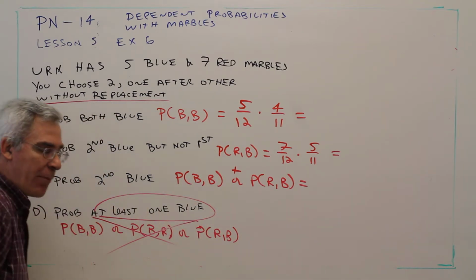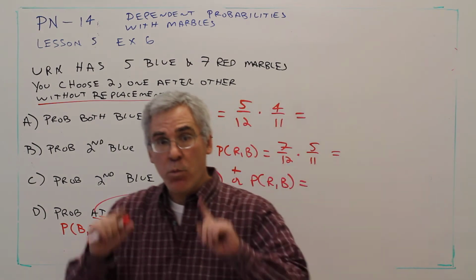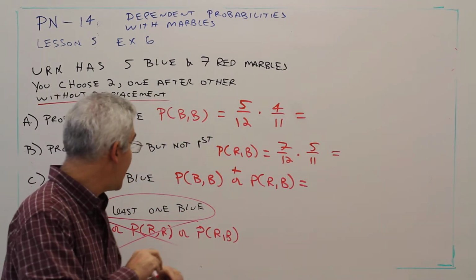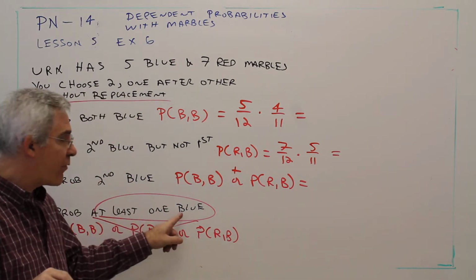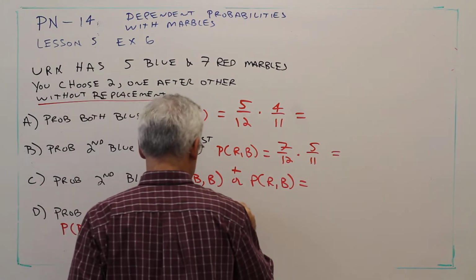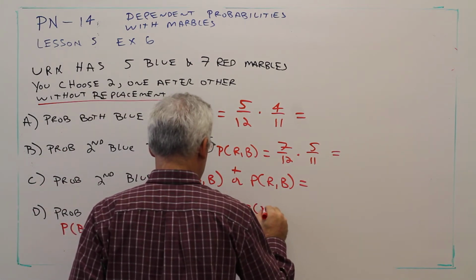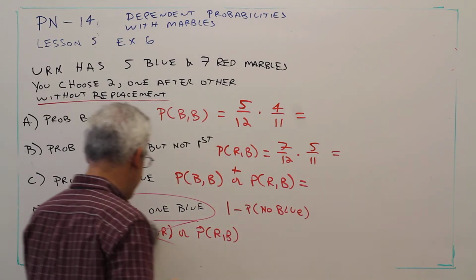If I see probability of at least one being blue, that's going to be 1 minus the probability that none are blue. Again, if I get at least 1, that's 1 minus the probability of none. So I'm going to do it that way.